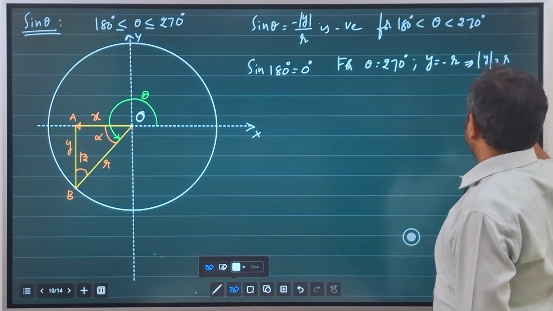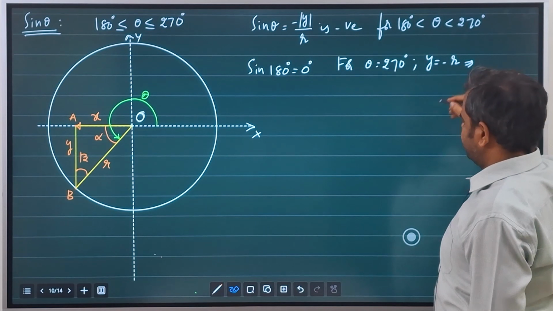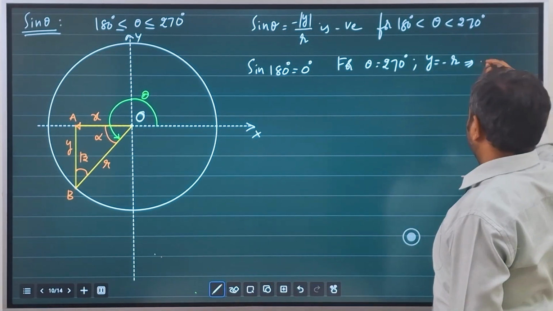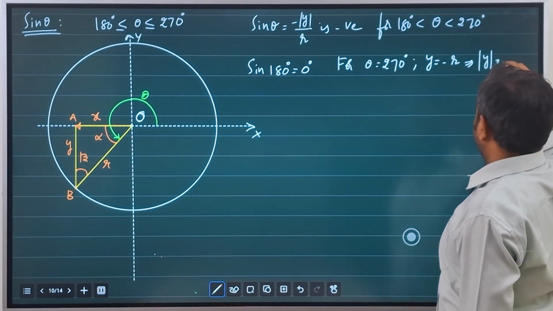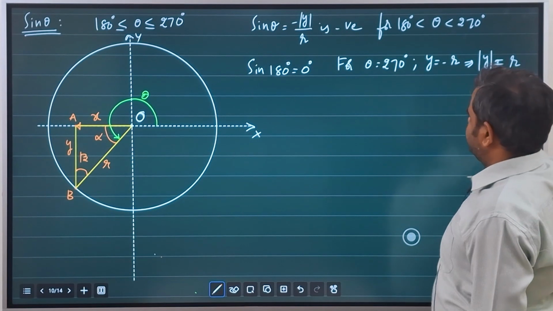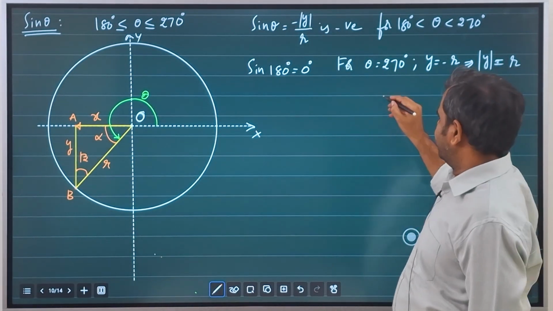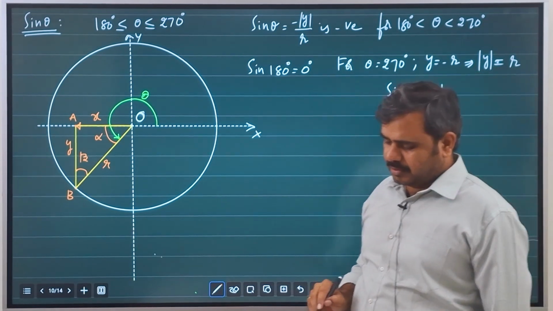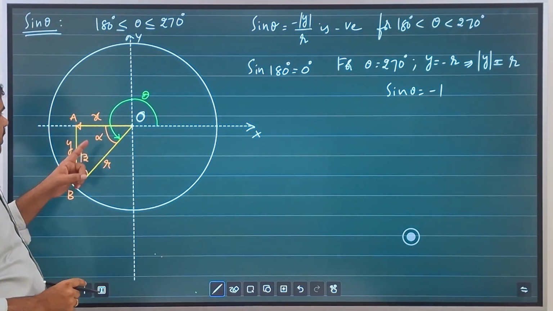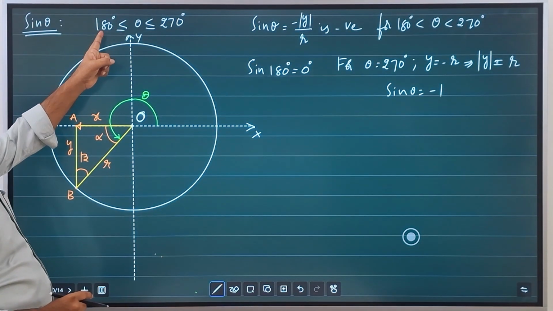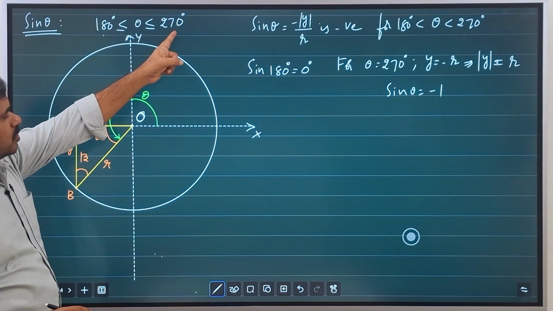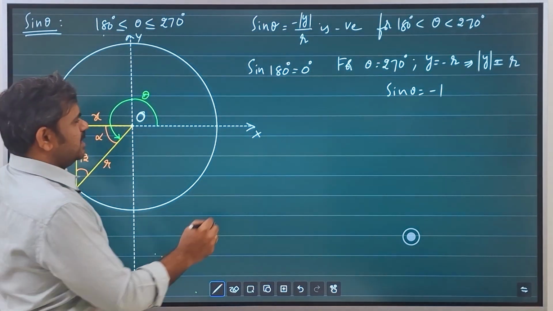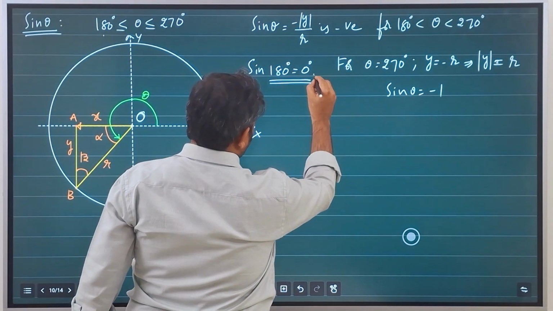Magnitude of y is equal to r. Substitute the magnitude of y here, and you will get sine theta is equal to minus 1. So as you can see, when theta increases from 180 degrees to 270 degrees, sine theta decreases from 0.